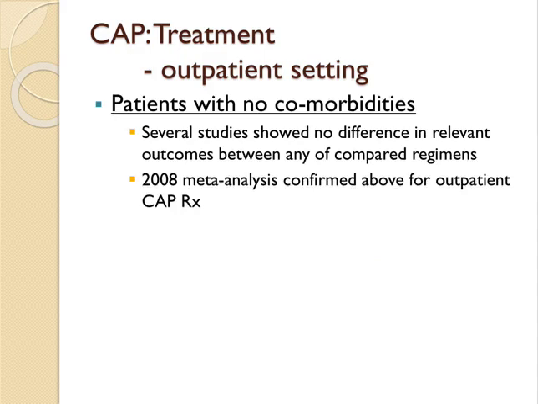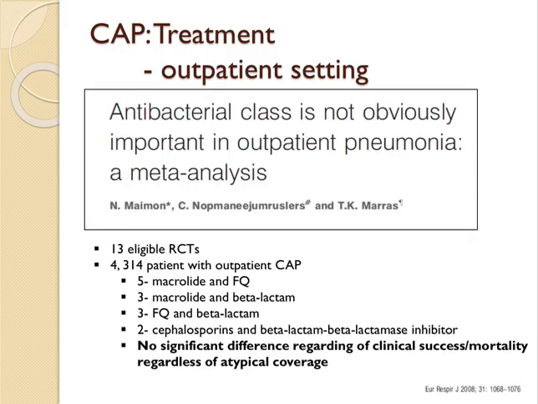So what the study showed in the past is that in the patients without comorbidities, they did not observe any significant difference in outcomes between any of the compared regimens. And this is the meta-analysis, which was published in 2008. It included 13 eligible studies, and they had more than 4,000 patients with a diagnosis of outpatient CAP.